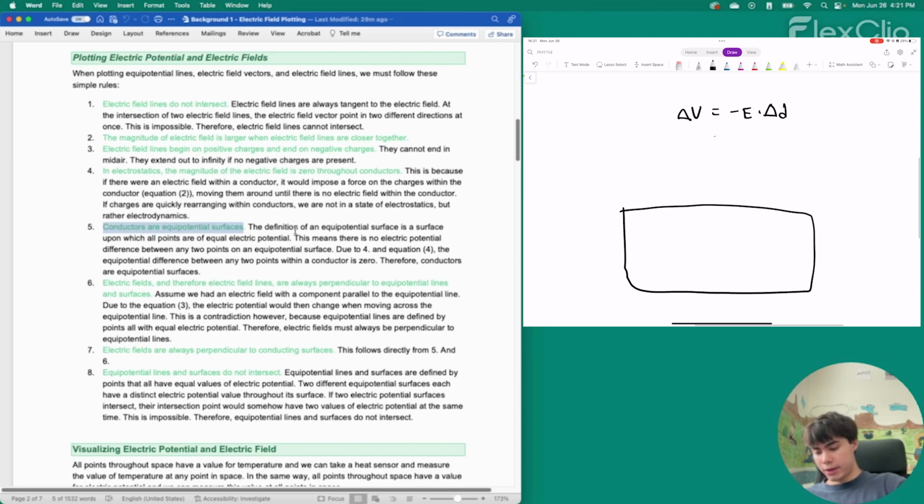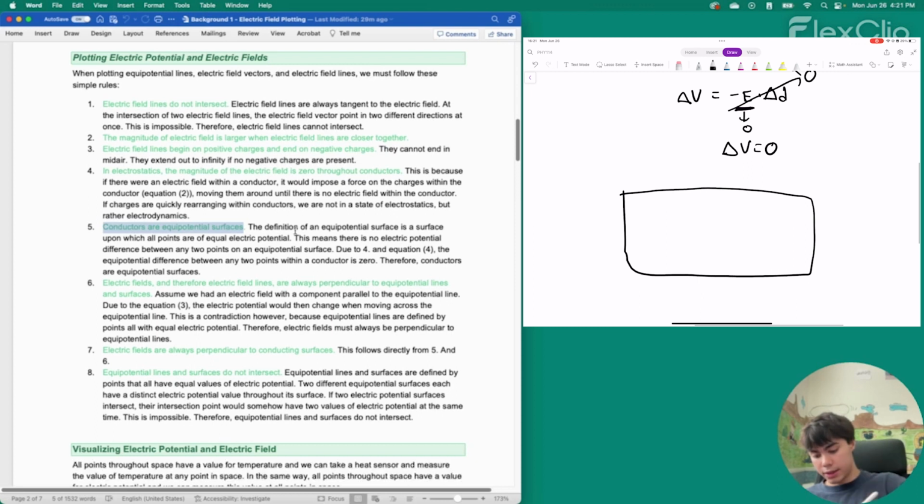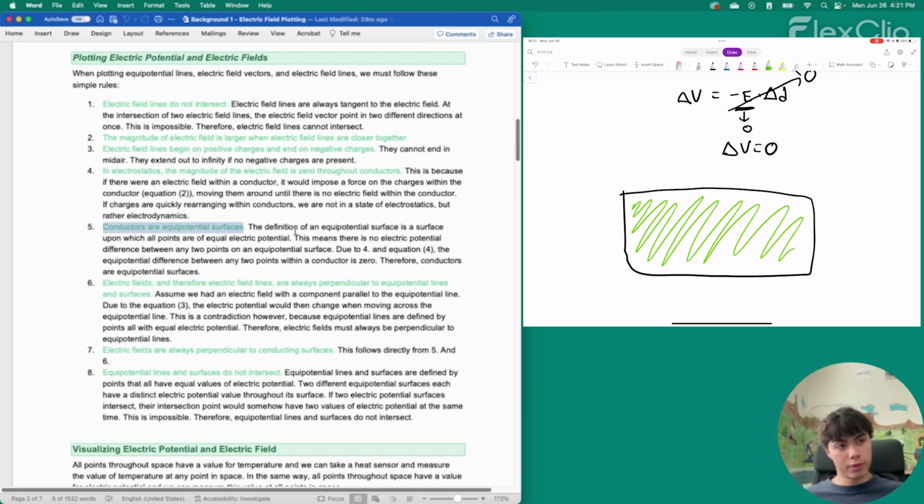So if the electric field is zero in some space, then the change in electric potential difference is zero. So that means the entire space of the conductor must be at the same electric potential. It's an equipotential surface, equal potential. So conductors are equipotential surfaces.